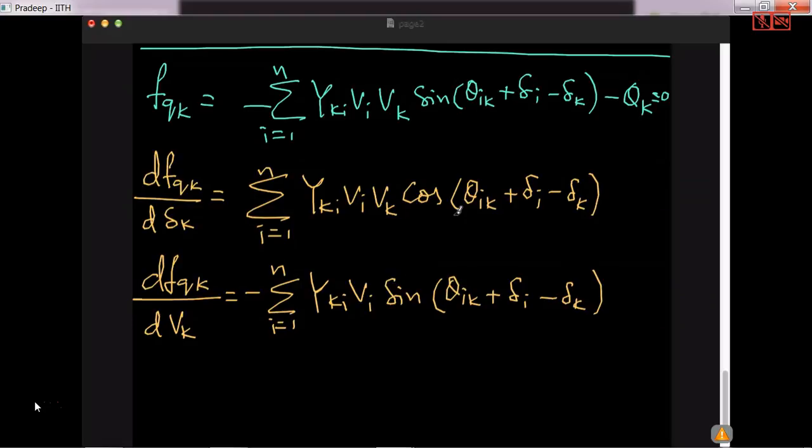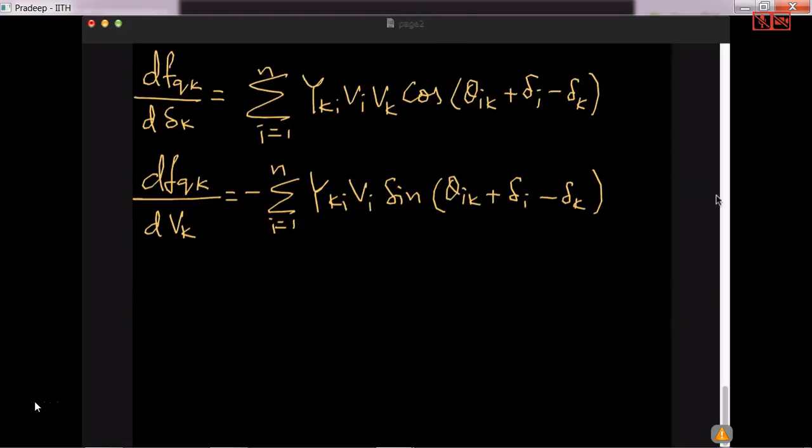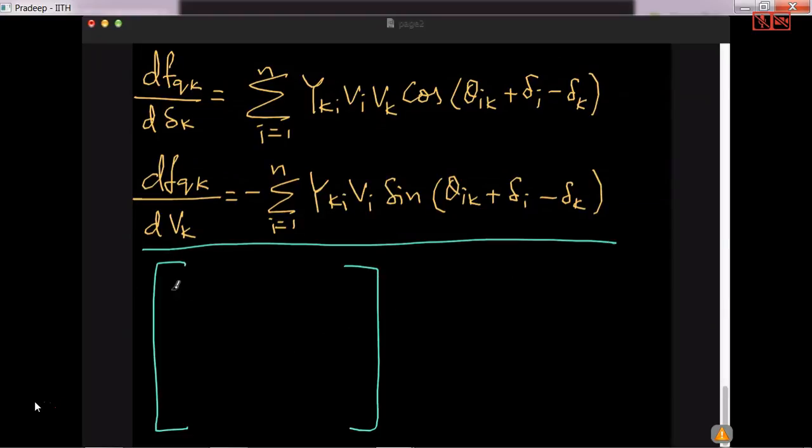So to summarize it, let me write it as a Jacobian matrix. That is the differentiation of active power Pk with respect to delta k.